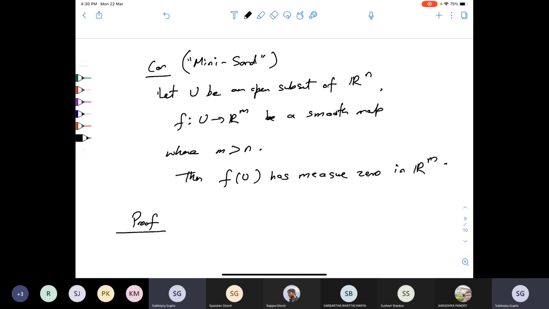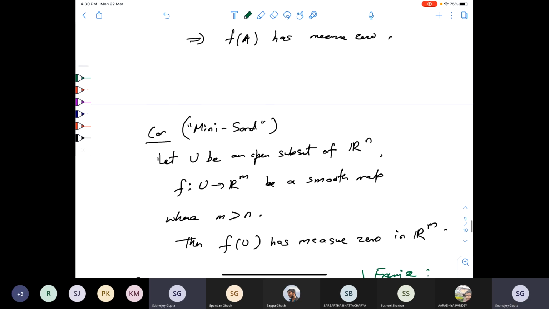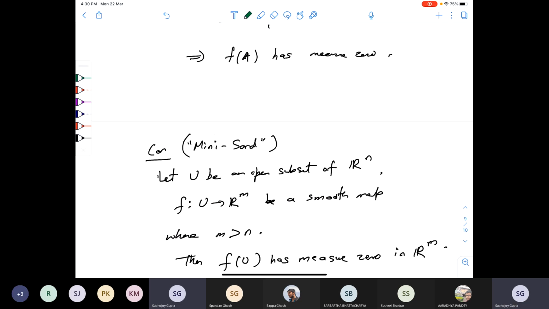One exercise, maybe for this week, is to show how Sard's theorem implies this statement. But we are not going to prove it using Sard's theorem; we are going to prove it as a corollary of this proposition we just proved.